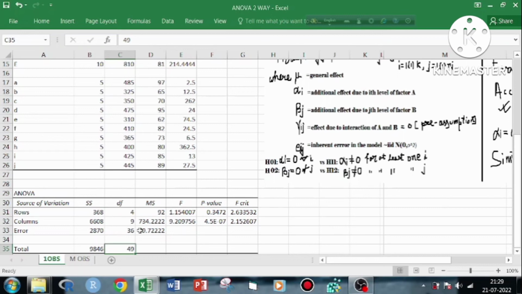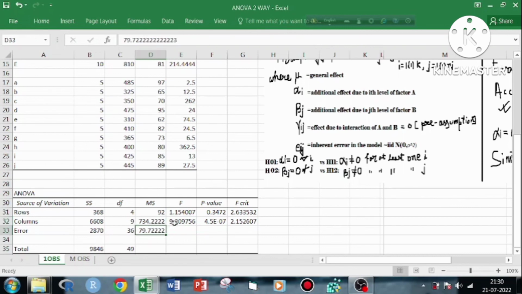Now this F observed, we get this by dividing the MS rows by the MS error, that is, the MS of the raters divided by the MS error. We get this F by dividing the MS columns, that is the MS service stations, by the MS error.